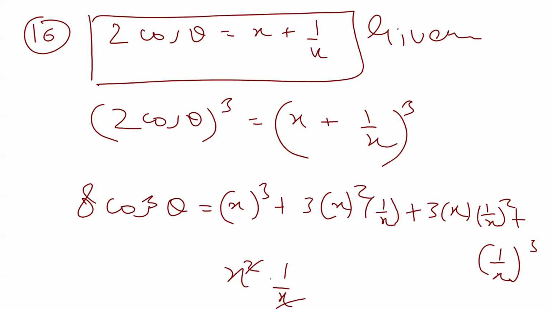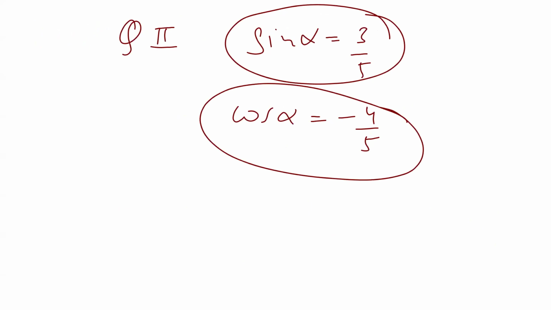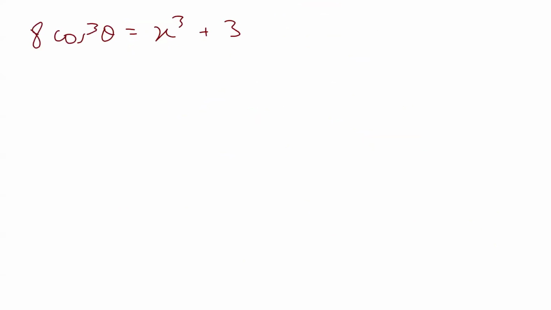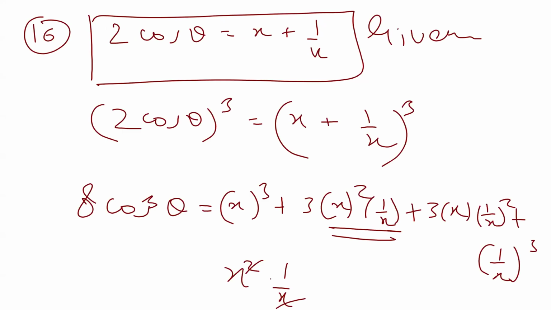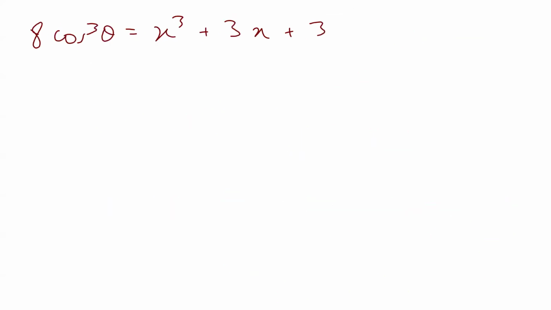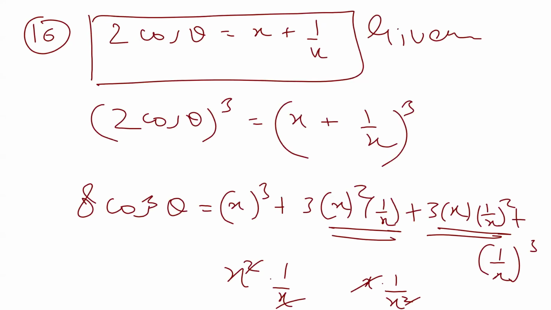So this x and this x will get cancelled, and we are left with 3 into x, plus 3 into x into 1 upon x square. So this and this is gone, so this is 1 upon x, plus 1 upon x cube.